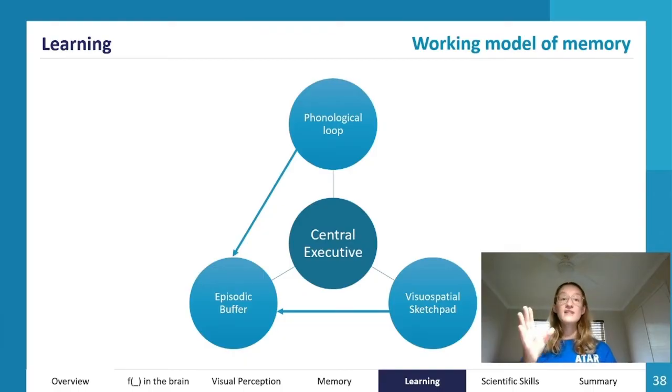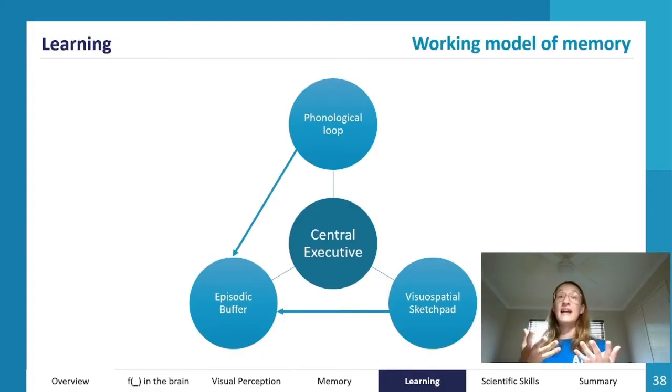So the central executive, the episodic buffer, visuospatial sketchpad, and our phonological loop are all interrelated parts of our working memory. The first part of our working memory is our phonological loop. Thinking about breaking the word down: think phono, think phone, think talking on the phone, think phonemes, sound.